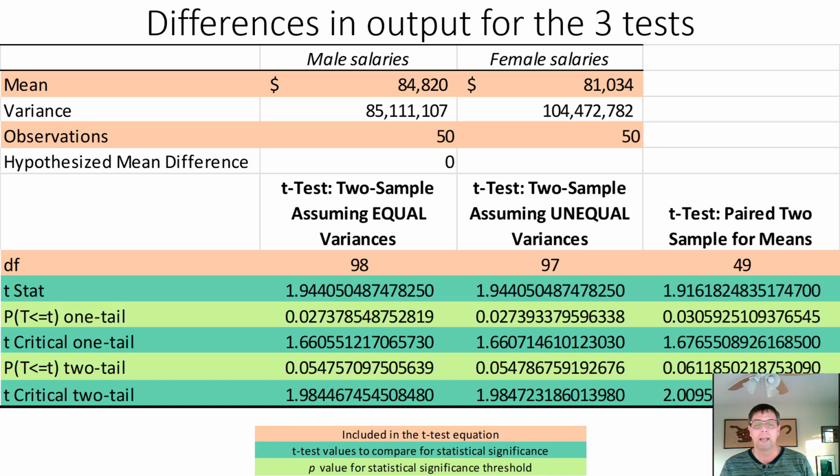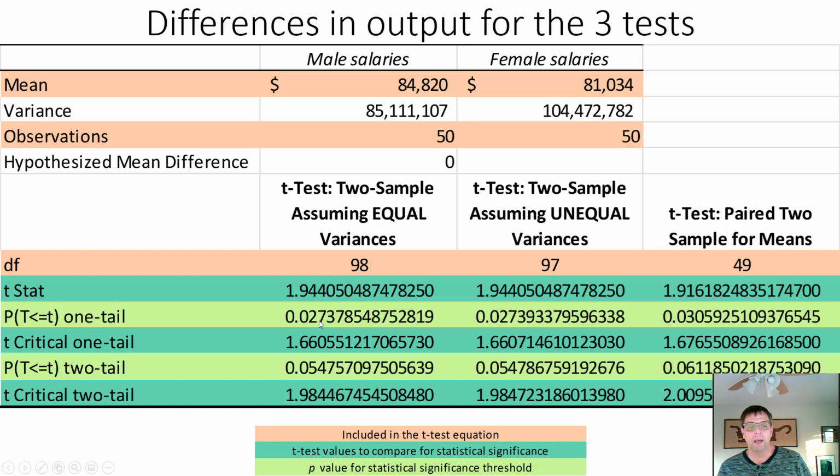Now in this case, the t statistic is exactly the same between the two. Oh excuse me, this is not what you look up in the table, this is what you calculate, so what you calculate is going to be exactly the same.